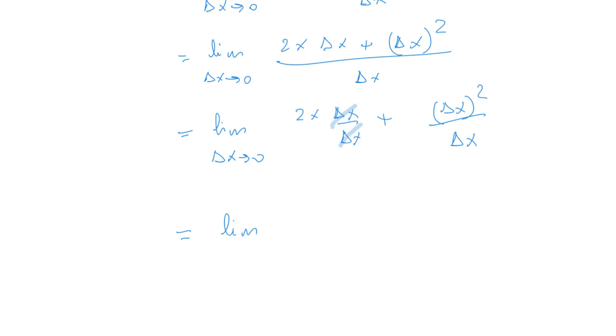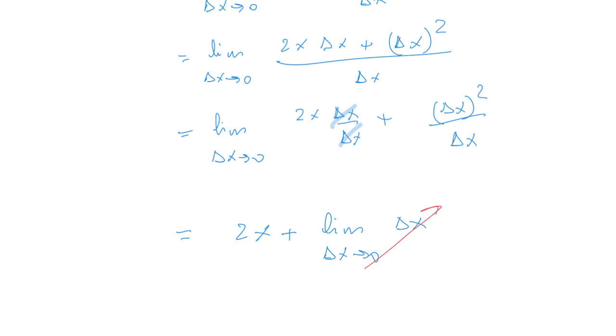So the first limit will be 2x, and the second limit is the limit of delta x squared divided by delta x, which is delta x. And the limit when delta x tends to 0 is that this goes to 0.